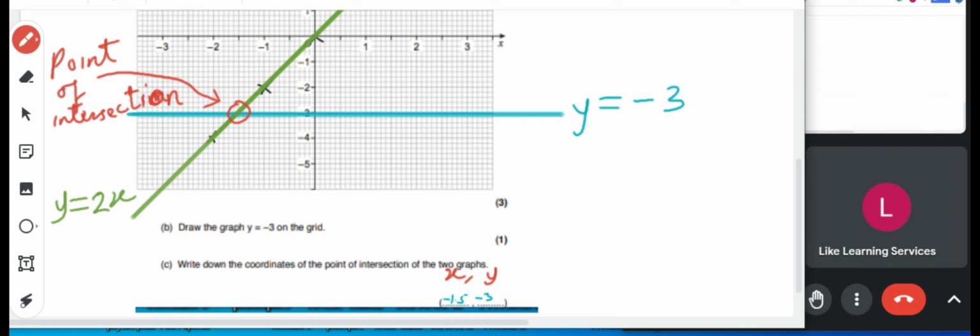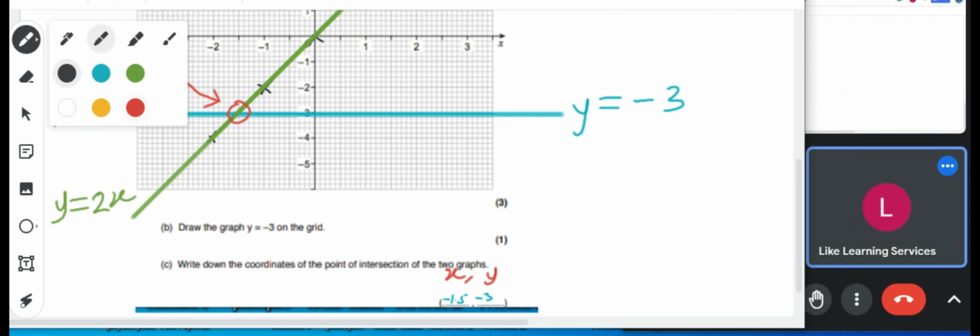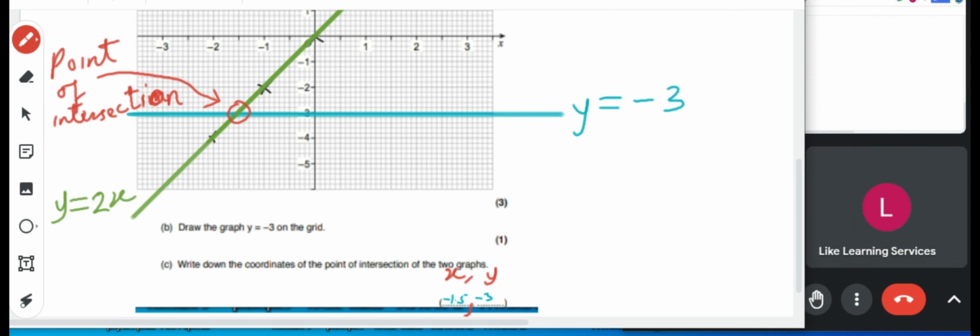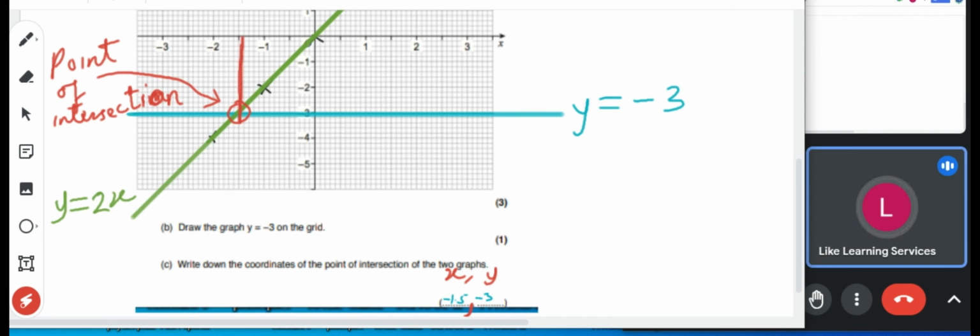Okay, I think this is clear. The x value is here, which is minus 1.5, in between minus 1 and minus 2, while the y value is minus 3. So the coordinate is minus 1.5 and minus 3.